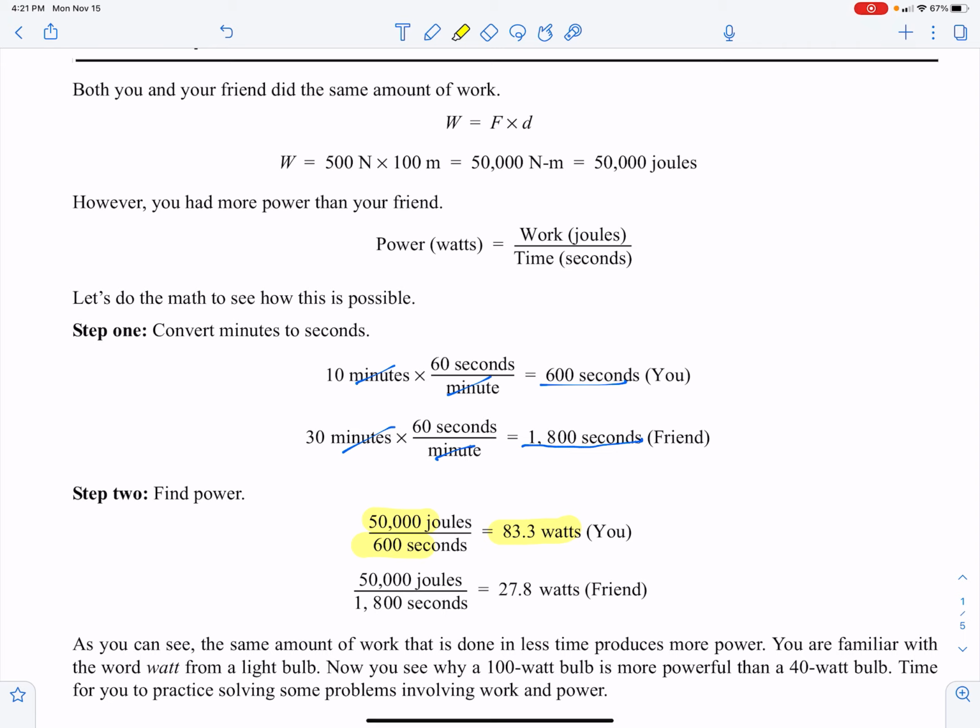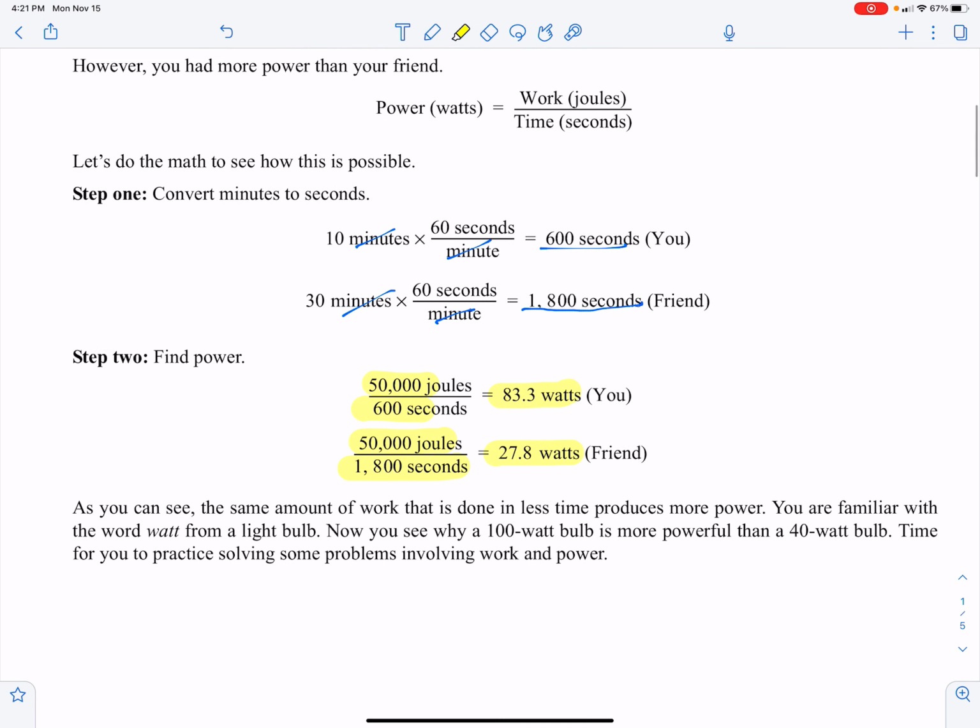Your friend, on the other hand, did the same amount of work, but in 3 times longer. And you can see their power is 3 times less than yours. So while it took you 83.3 joules of work for every second, it took them 27.8 joules per every second.